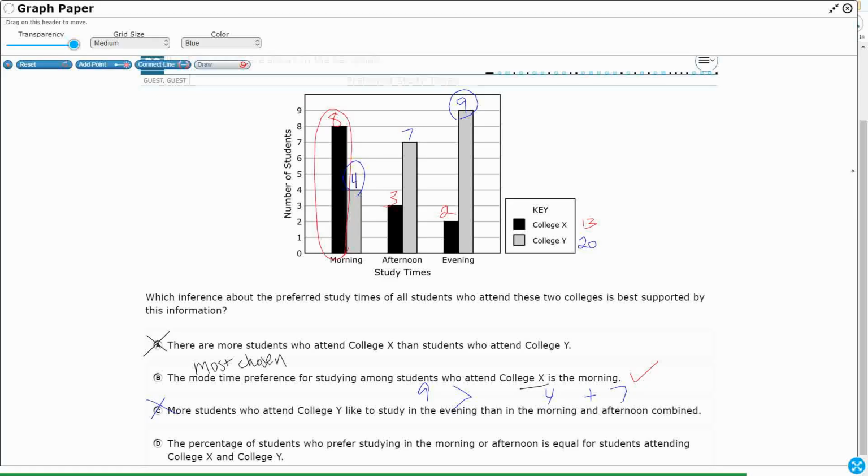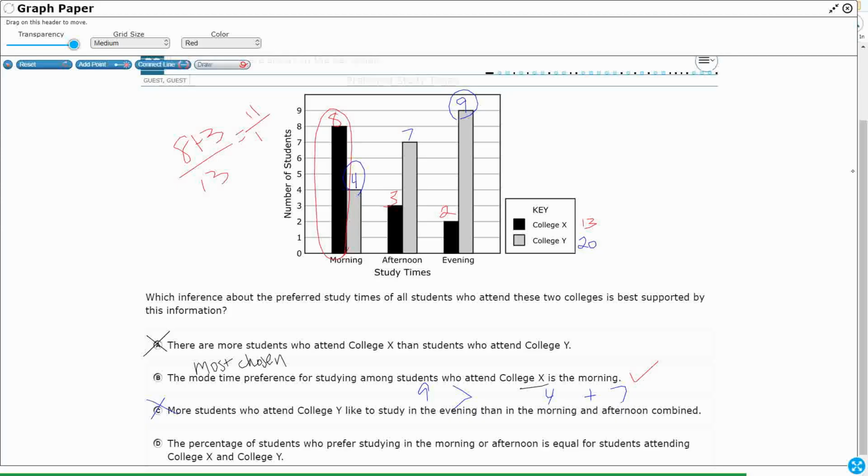D, the percentage of students who prefer studying in the morning or afternoon is equal for students attending college X or Y. Okay, so let's figure out for each college here. Morning and afternoon is going to be 8 plus 3 out of what's the total? 13. So that's 11 out of 13.